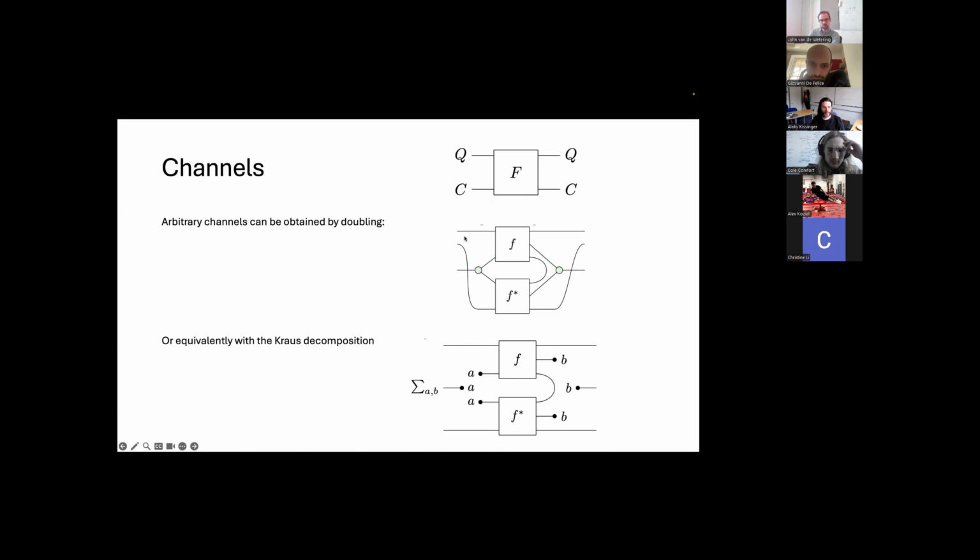You need these Frobenius algebras to represent the classical data in this diagram. And this cup here represents the environment which is being discarded by the channel, some kind of loss of information that's happening within the channel. Equivalently, you can think of these Frobenius algebras as basically a sum over all the basis elements.